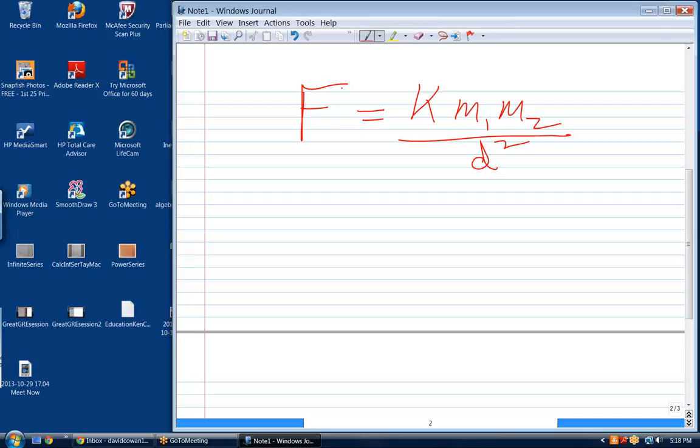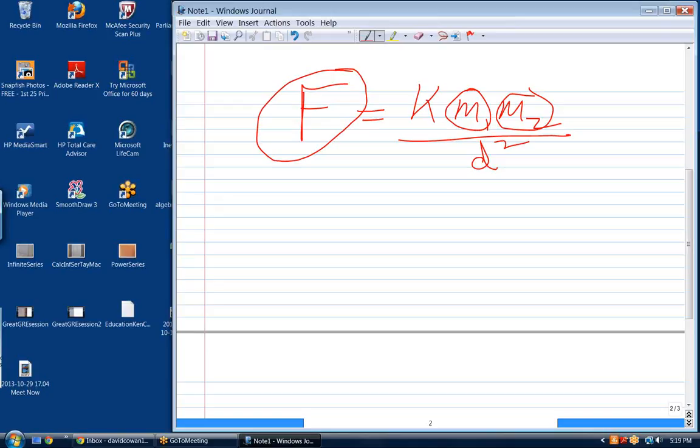What this basically says is that the force of gravity between two planets is directly proportional to the mass of the planets multiplied together, and inversely proportional to the distance between them squared. If I were to translate this into words, I would say the force is directly proportional to the product of the masses and inversely proportional to the square of the distance between the two masses.